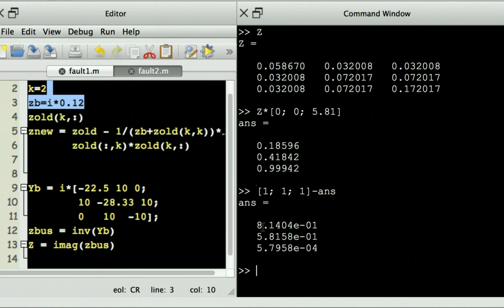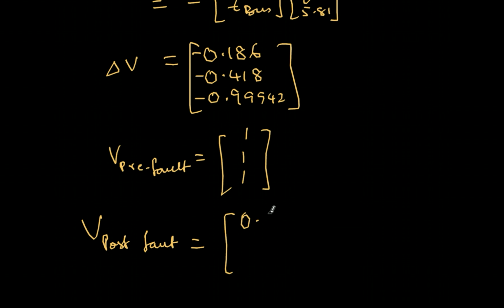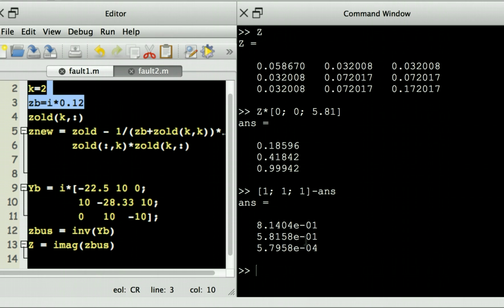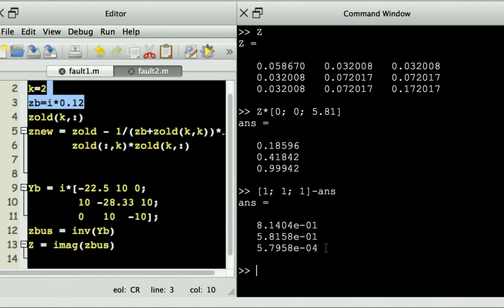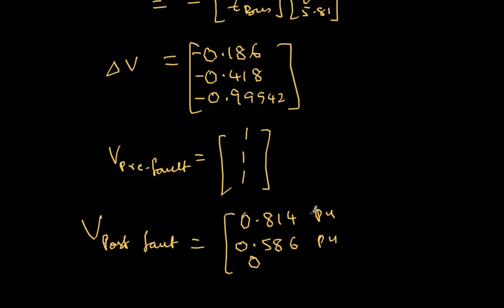So this is 0.814 per unit, and then 0.586 per unit, and finally this one is almost 10 to the power of minus 4, so it's almost 0. So that is what happened, because a voltage fault happened at bus 3.